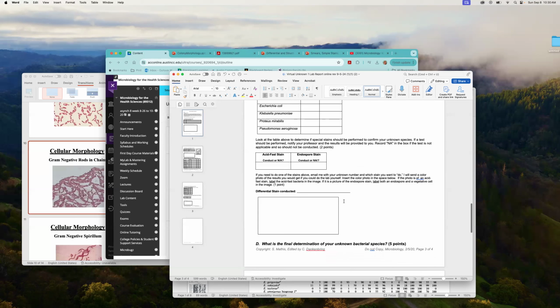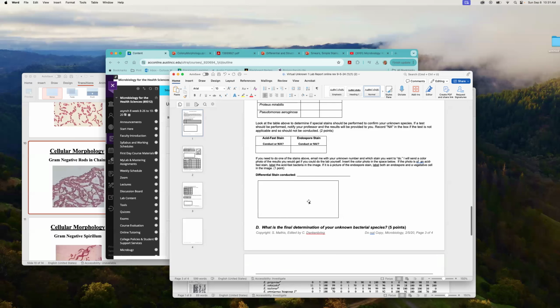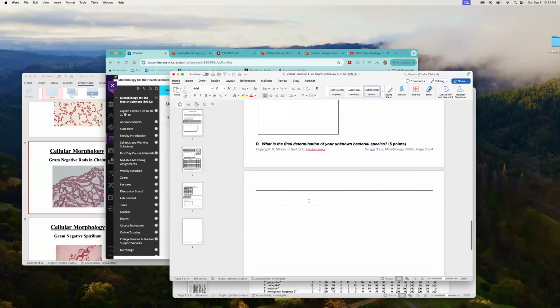Okay. And so if the photo is of an acid-fast stain, then you would label that. If it is of an endospore stain, you would label that. If you don't have one of those, put NA on here. Don't leave it blank. And then the final determination of your unknown species, unfortunately, goes on page 4 because of the spacing.